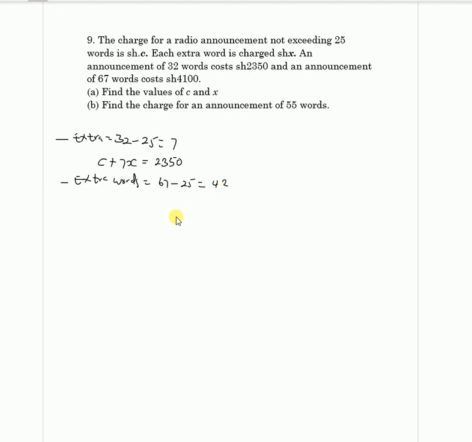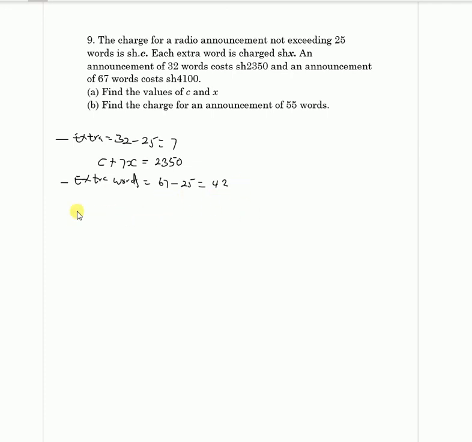You have 42 extra words, because if you are doing 25 words or less, you give this amount of money, C. But the moment you get an extra word from 26 upwards, we are getting the extra. For an announcement of 67 words, you have 42 extra words, and each word is going to cost you X shillings.